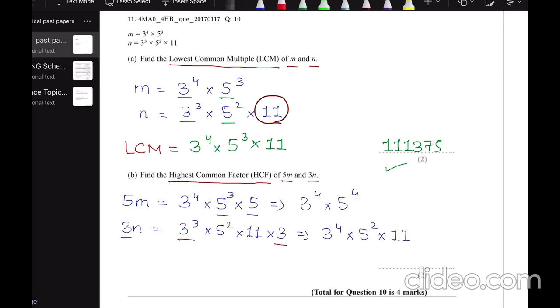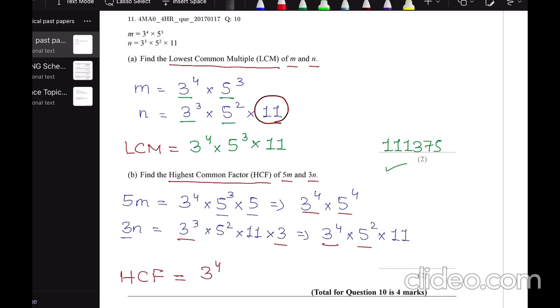Now since we need to find the HCF, for HCF we just look at the common terms. The common terms here are 3 and 5. Now what about the exponents? In LCM, I told you we take the highest power of the exponent for the common terms, but for HCF the trick is that we take the smallest power.